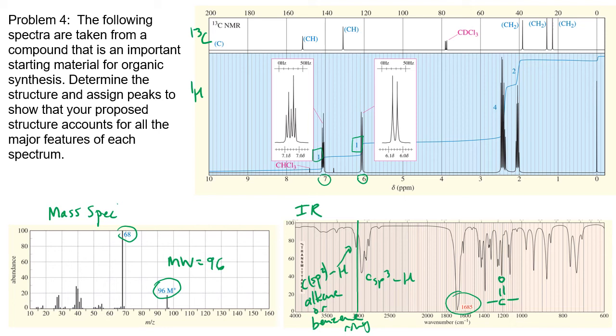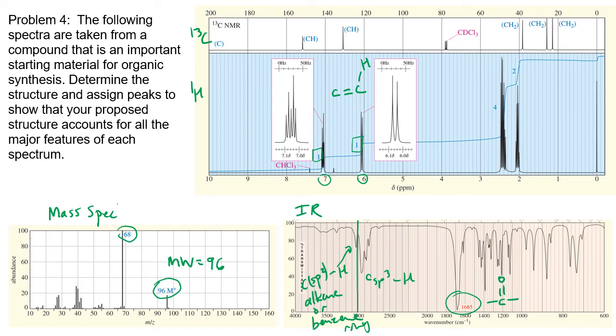So what this strongly suggests is that what we have is an alkene. So somehow we have a carbon-carbon double bond, and these hydrogens are coming off it. They may or may not be coming off the same carbon.